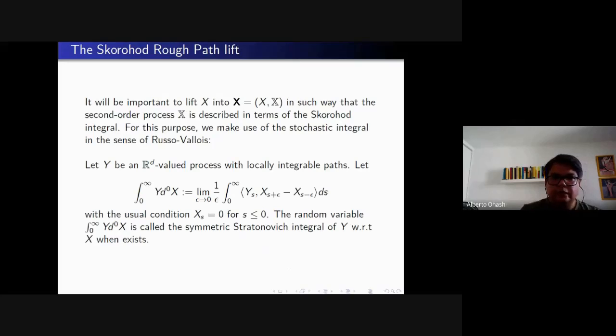Okay, so it will be important for us to lift the driving noise into a rough path in such a way that the Lévy area, the second order process, is really a Skorohod integral. So this is the first step, and I would just want to recall here the definition of the Russo-Vallois Stratonovich integral. So this is the definition.